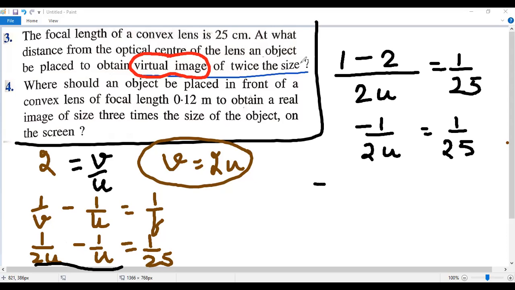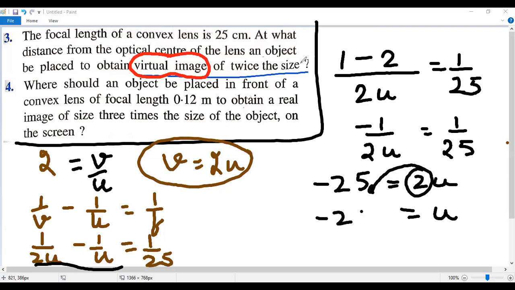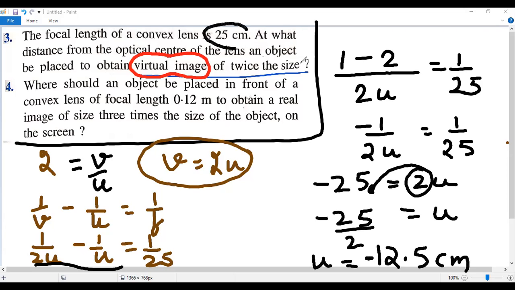So cross multiplying each other, I'll get minus 25 is equal to 2u, and then this 2 is getting multiplied on left side, so it will come in denominator. If you cancel it out, half of 25 is 12.5 centimeter. Why centimeter? Since the distances in the question were given in centimeter.